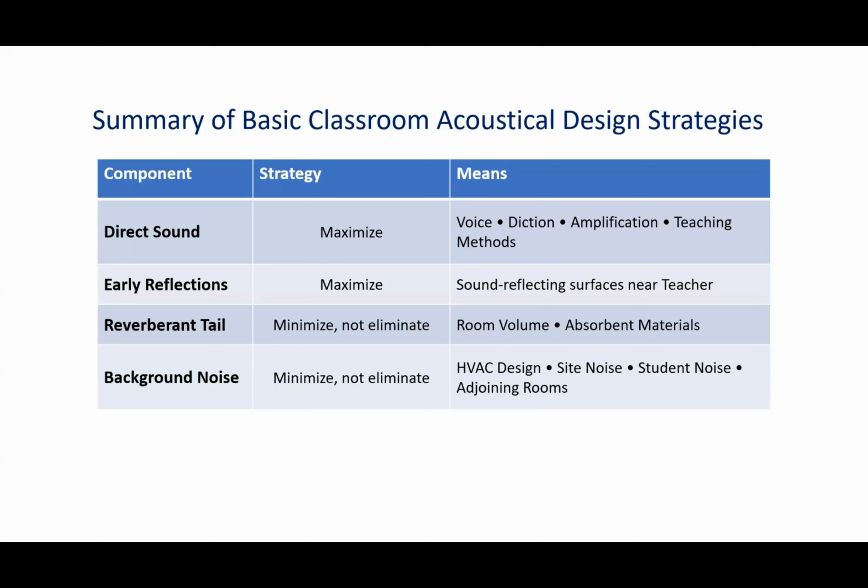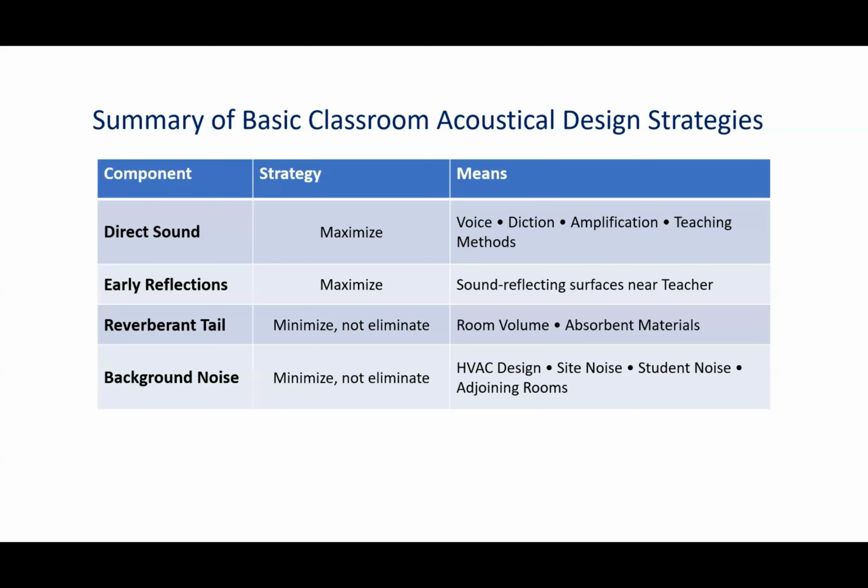That reverberant tail, we want to try and minimize that. We don't want it completely gone, but we want to minimize that reverberant tail and that energy in there, so we're in that right zone of reverberation times. And this is done through the sound absorbent material and the room volume. And again, that background noise, similarly, we want to minimize that, but we don't want to eliminate that.